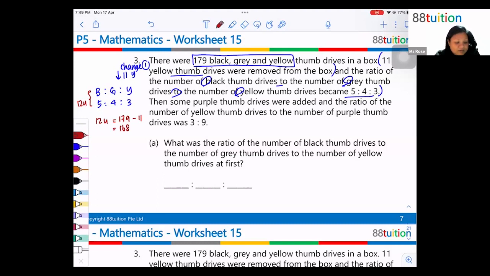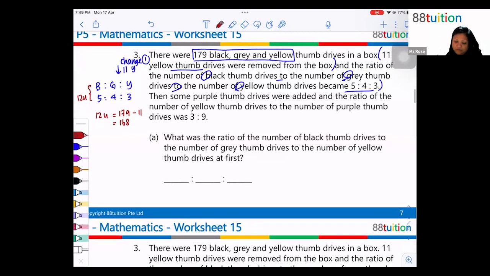Now from here, what do I need to know? Then some purple thumb drives were added. This one is a later part. So let's look at the first part. Part A, the ratio of the number of black to gray to yellow thumb drives at first. I already know 12 units is 168, and I can find 1 unit. 168 divided by 12 gives me 14.